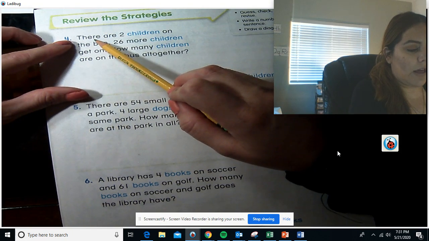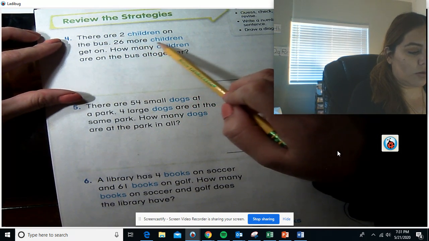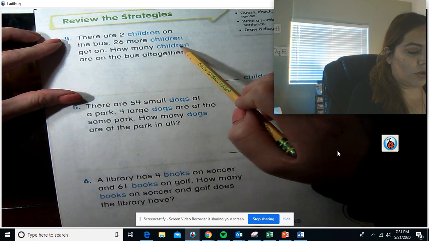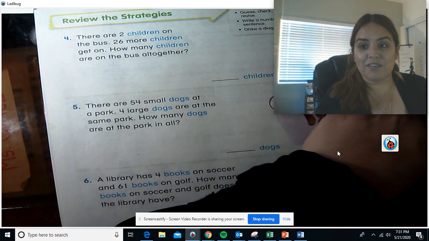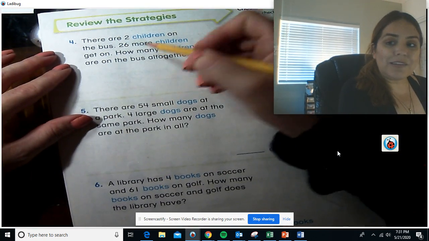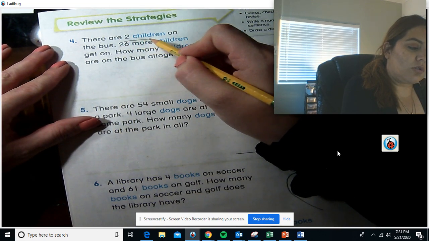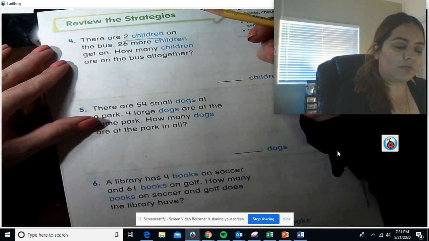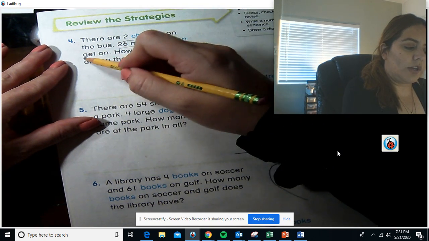Number 4 says, there are 2 children on the bus. 26 more children get on. How many children are on the bus altogether? So we know that altogether means we're going to add. So let's underline what we know. We know that there are 2 children on the bus. 26 more children get on.